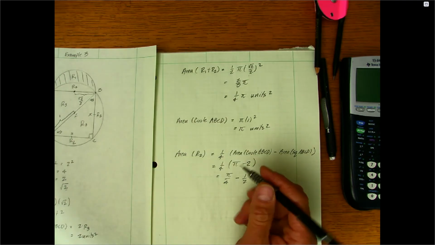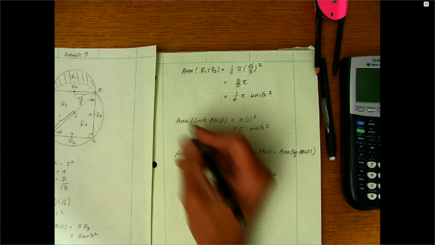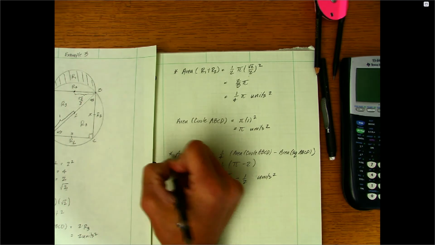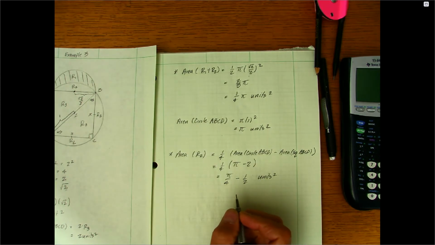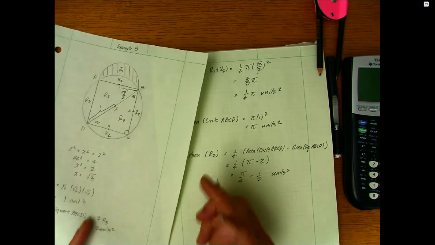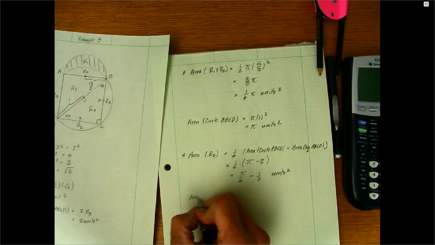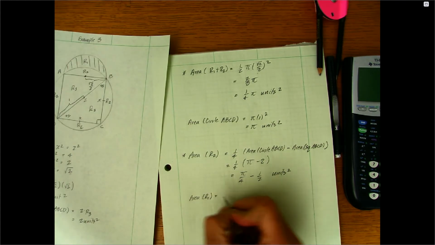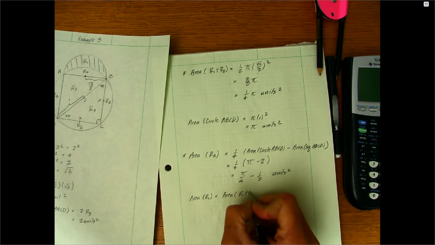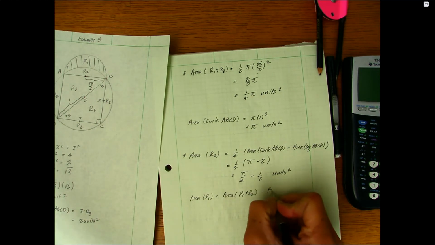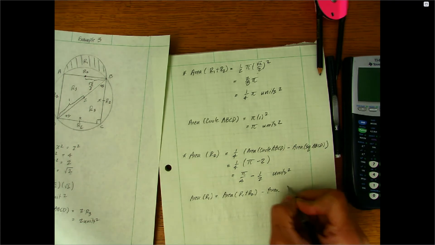And so now I think we're able to combine these two results to find the area of just region 1. So area of region 1 is going to be what? The area of region 1 plus region 2 minus the area of region 2.